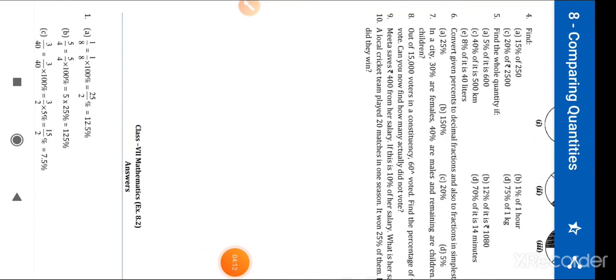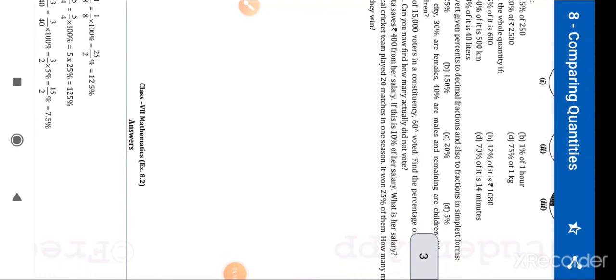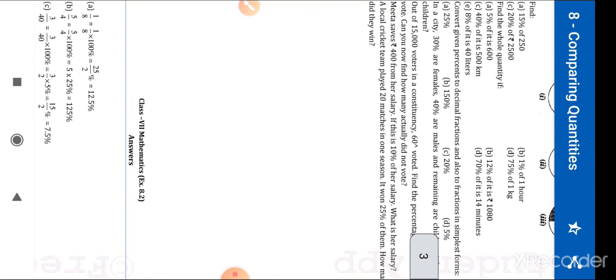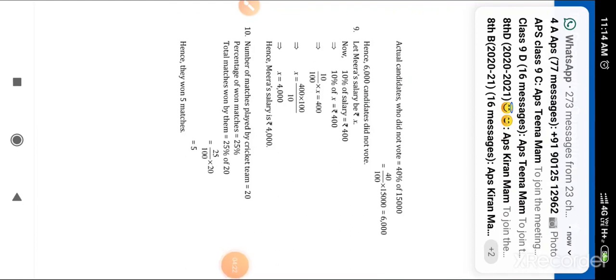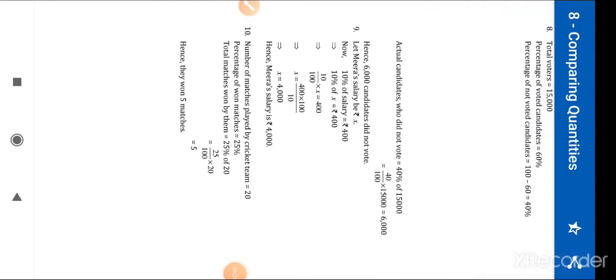The next question is, Meera saves rupees 400 from her salary. If this is 10% of her salary, what is her salary? So here we have to assume that Meera's salary is rupees X. Now it is given in the question that she saves 10% of her salary and her saving is rupees 400.